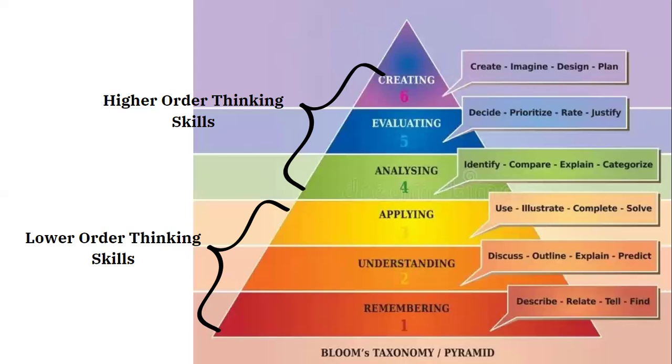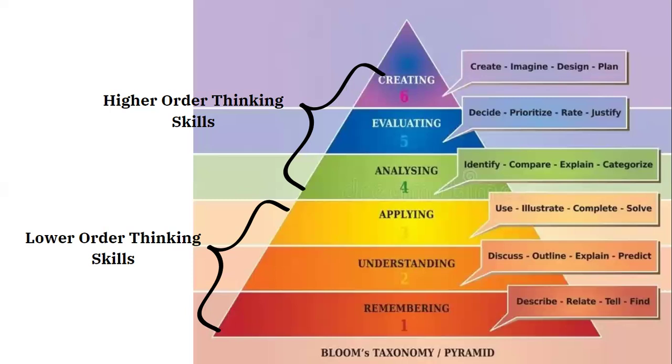Number 3 is applying. Applying means, can students use the information in another context or different task or situations? Analyzing means, can students break the information down into parts? Evaluating means, can students assess the value of the information?